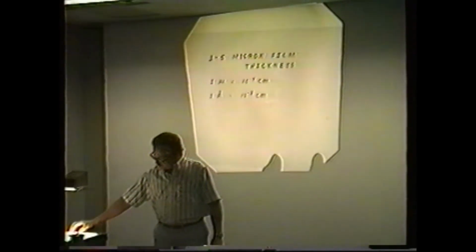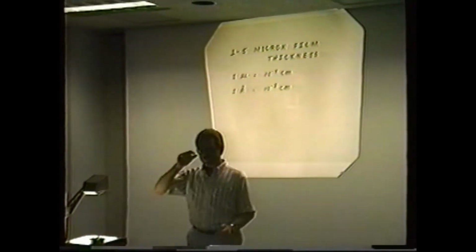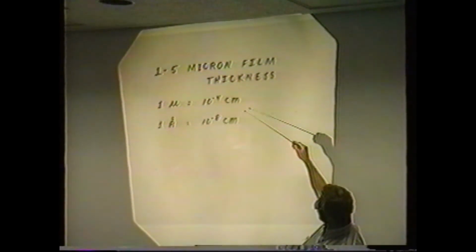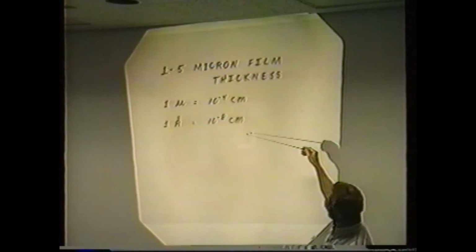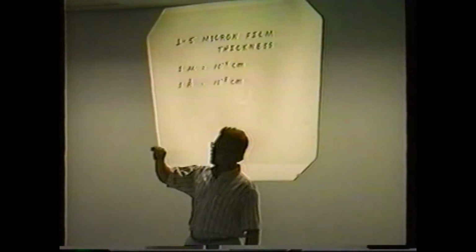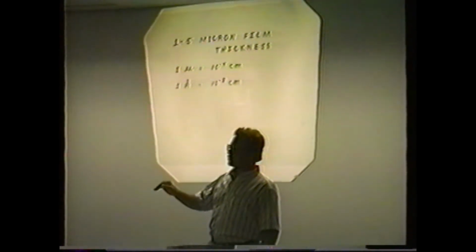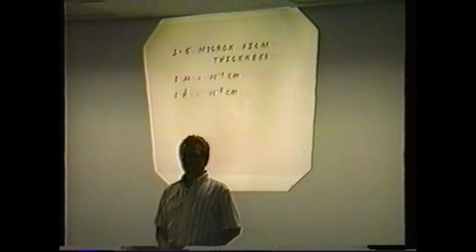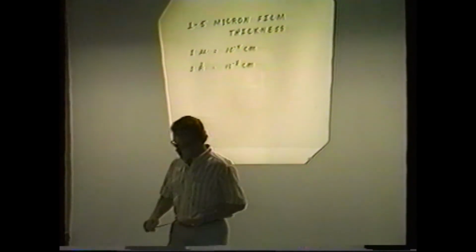Typically the film thickness of the materials is in the 1 to 5 micron range. A micron is 10 to the minus 4 centimeters, and an angstrom is even smaller. Angstrom measurements are necessary when you're doing the characterizations.